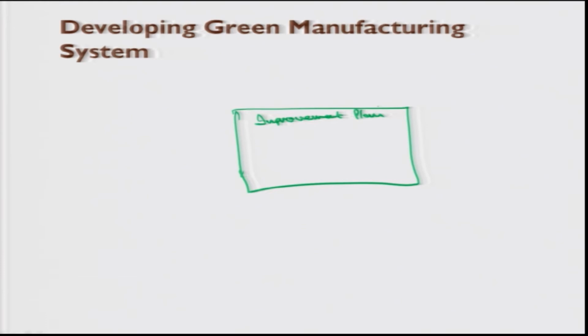So how can we have this improvement plan? In this case, the assessment score which we had earlier would go as an input here, and with the assessment score we have the present production plan.